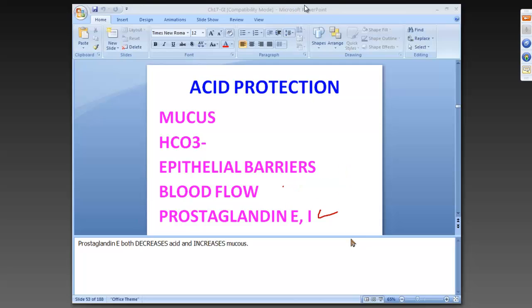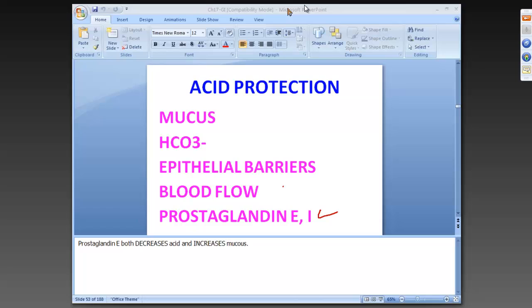That's the logical explanation and the logical analogy for it. So prostaglandin E is going to decrease acid and at the same time increase mucus in order to protect the system, the stomach, from the excessive acids.